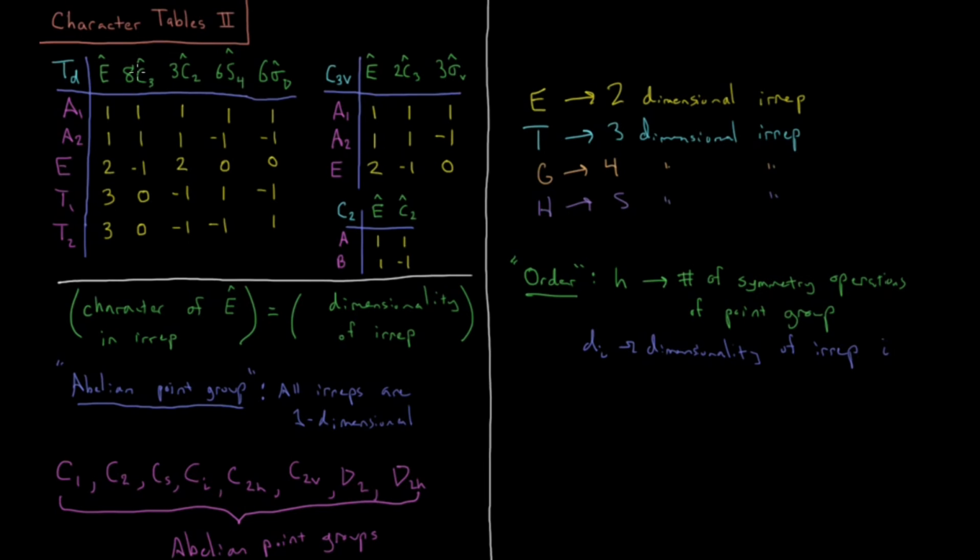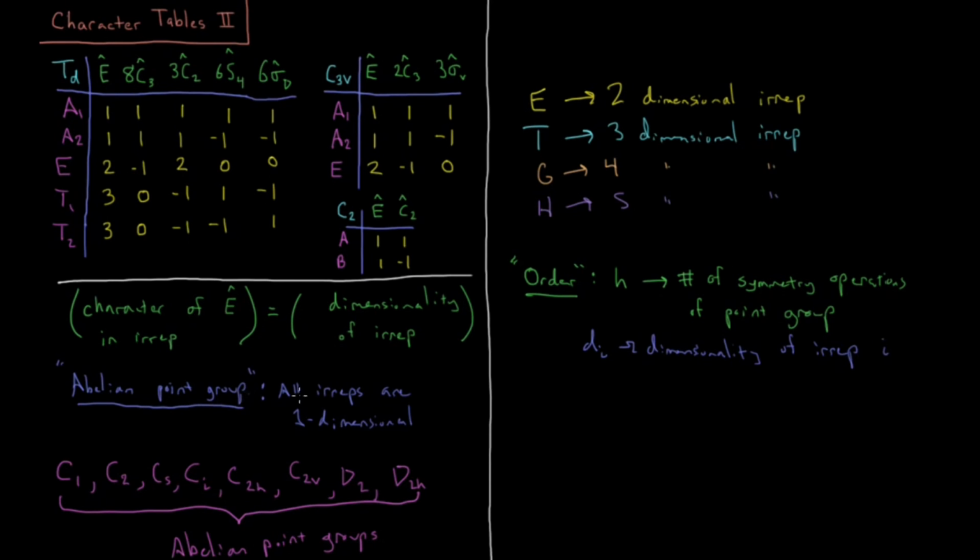For the TD group, the tetrahedral group, there are 8 C3s which are symmetry equivalent. There are 3 C2s which are equivalent. There are 6 S4s, and 6 sigma Ds. So lots of operations are symmetry equivalent to one another.